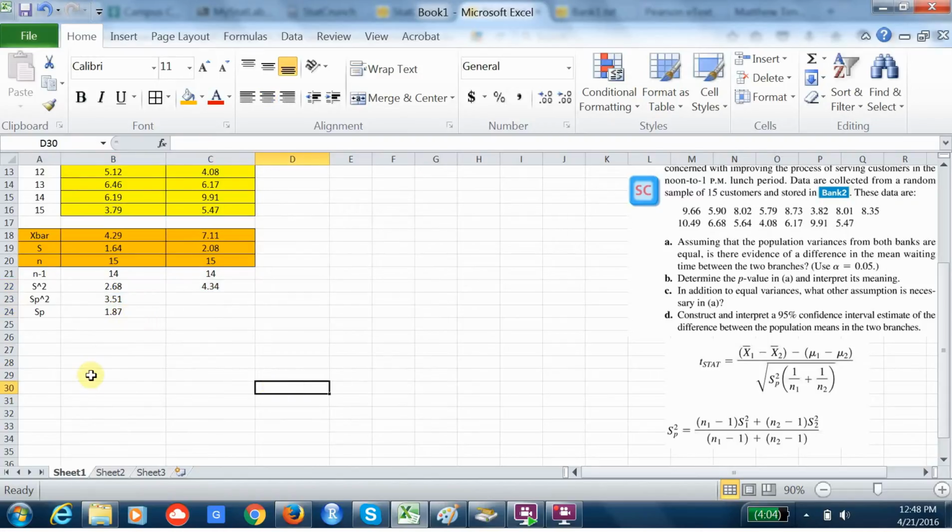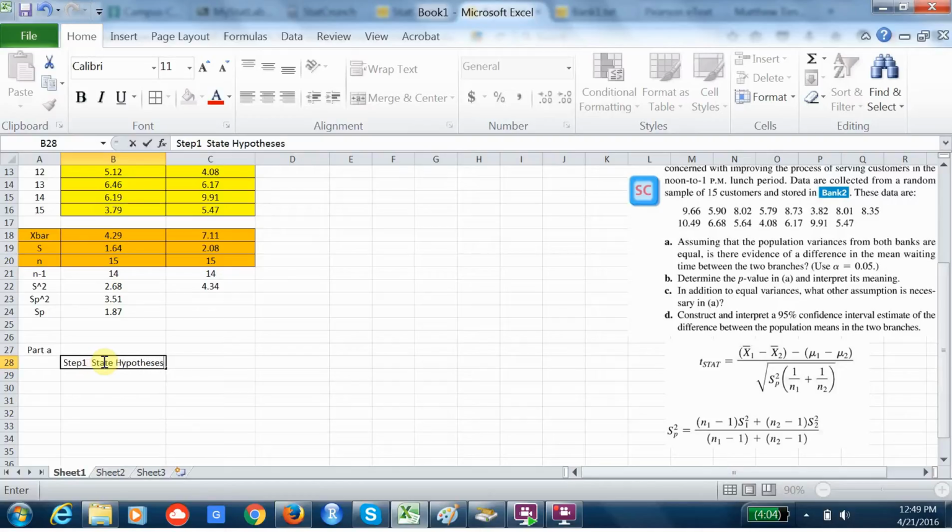So now we're ready to do our actual hypothesis test. So for part A, we're going to do a hypothesis test. So first we have to state the hypotheses. And so our null hypothesis and our alternative are just going to come from reading the problem.